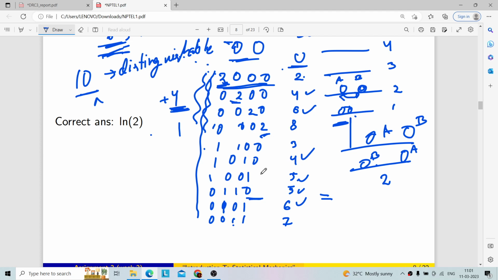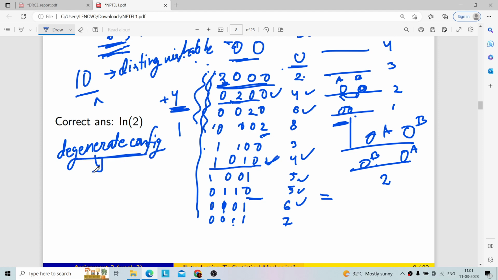What that means is this configuration and this configuration have the same energy. So we will call these degenerate configurations.